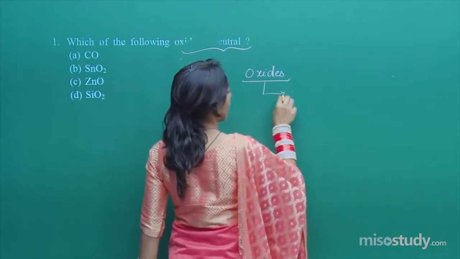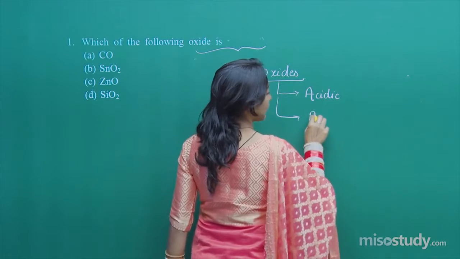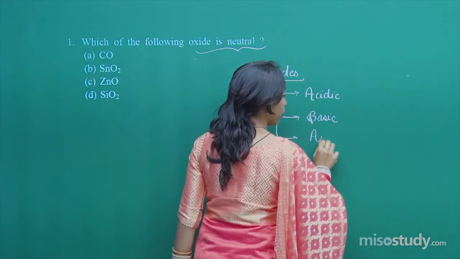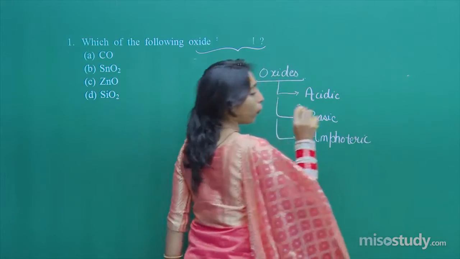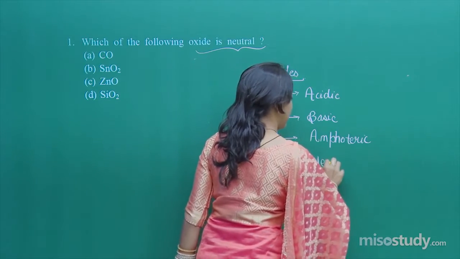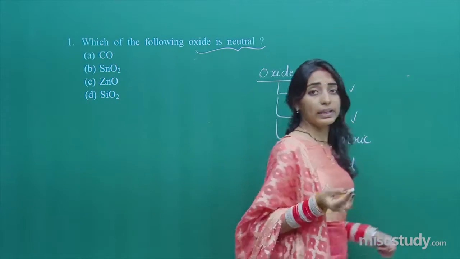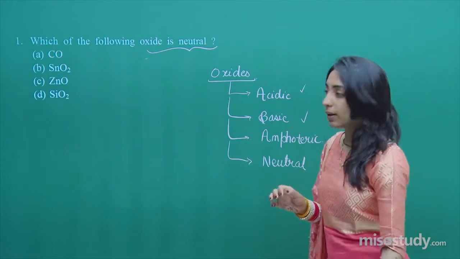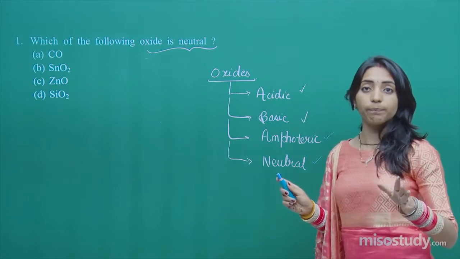You may be talking about acidic, basic, amphoteric, and the 4th type that has been asked in the question is the oxides which are neutral. Acidic oxides and basic oxides are very easy, so they are very clear to everyone. But when it comes to amphoteric and neutral oxides, many of you blunder.